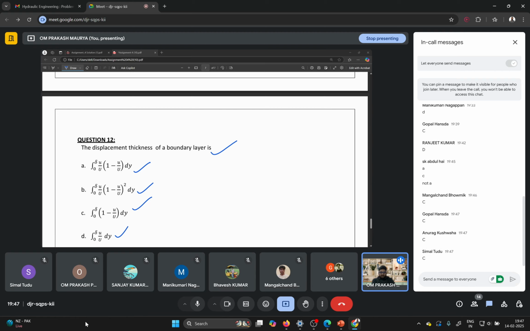Anurag is also telling option C. Simal is also telling option C. Okay. So everyone please write.